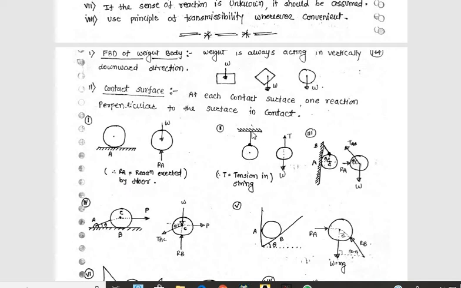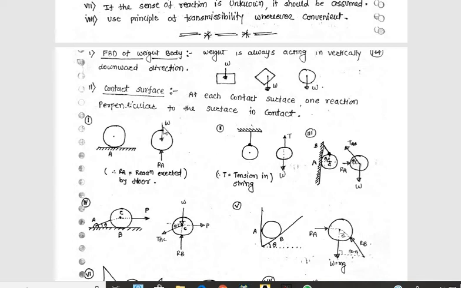Now here there is a string attached, and the weight is here. This is the string, wire, rope or cable. For the free body diagram you have to cut this wire or string. These elements, the wire or cable, are always under tension, and tension acts away from the body. So you cut this wire or string, its tension acts away, and its weight acts vertically downward.